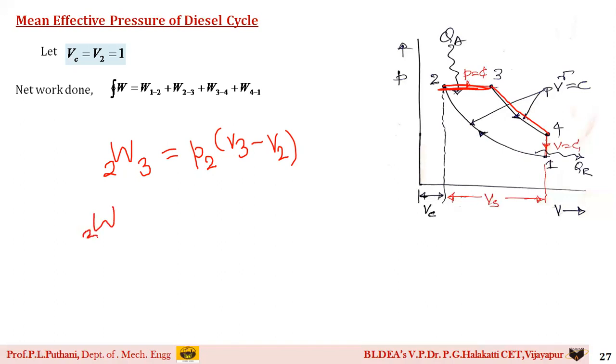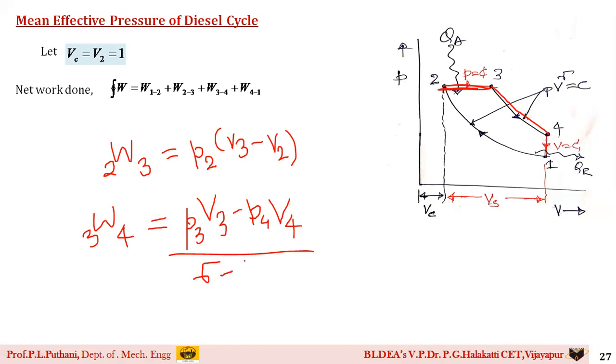You can write it directly as a positive work transfer equation, that is W3 to 4 is equal to P3 V3 minus P4 V4, whole divided by gamma minus 1.